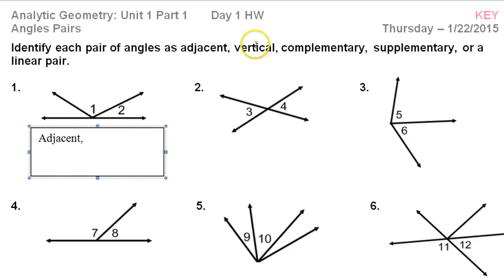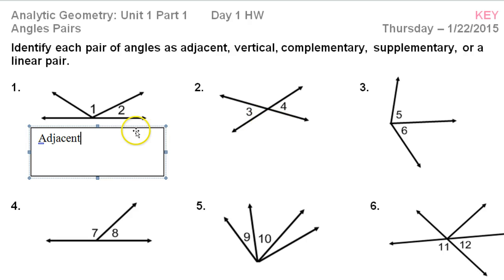They are not vertical angles. They are not complementary. They don't add up to 180 degrees, so they're not supplementary, and they're not a linear pair, because angle 1 and 2 by themselves do not make a straight line. So adjacent is the only thing we can say about that.